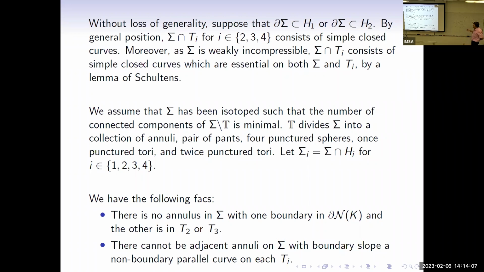Now we say, okay, we have this surface, and because we have the genus 2 surface, and because this is intersecting the genus 2 surface, and this is intersecting the tori in Seifert curves, we can divide, chop into pieces.